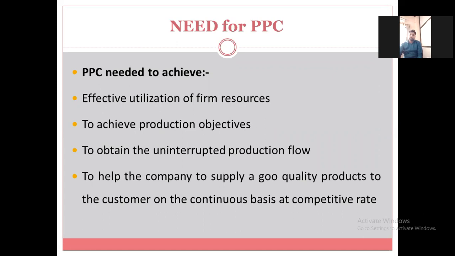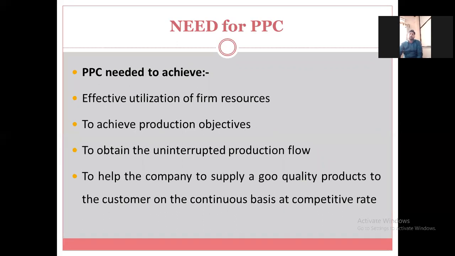That is the most important thing, because most of the company's money is invested to organize the resources. If you save the resources, that directly benefits the industry in terms of money.